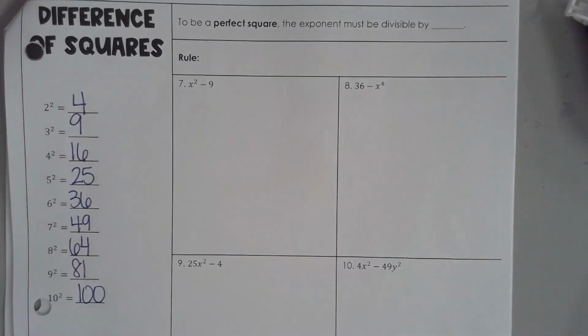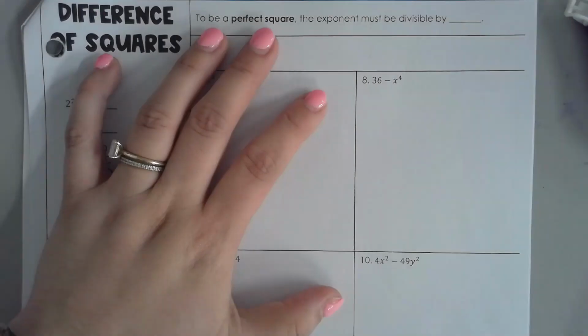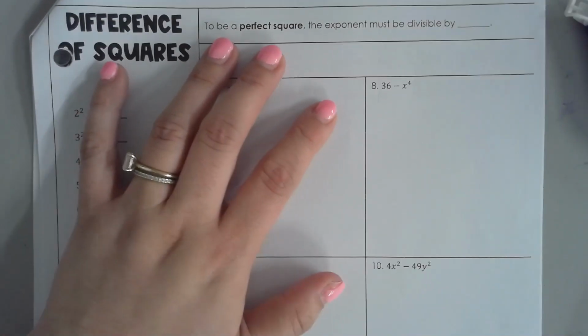Okay, there they are. When we've talked about perfect squares, we've only talked about just numbers. We've not talked about any variables. But variables could possibly be perfect squares too.